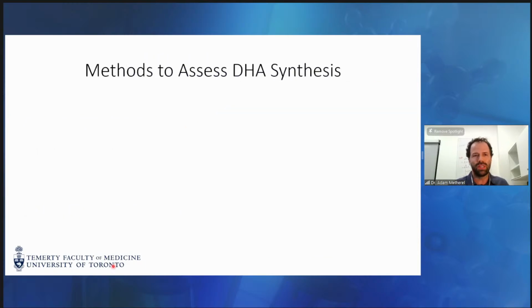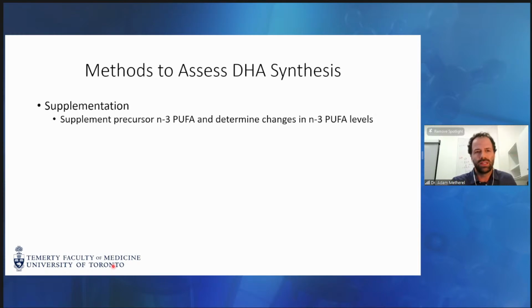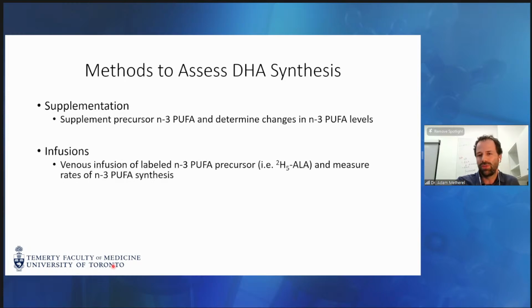So previously, there have been a number of methods used to assess DHA synthesis. The simplest being supplementation studies where you might supplement ALA and then measure changes or lack of changes in downstream metabolic products such as DHA. There are some infusion studies where you infuse a labeled precursor, again, such as a deuterated ALA, and measure the conversion of that label to DHA.